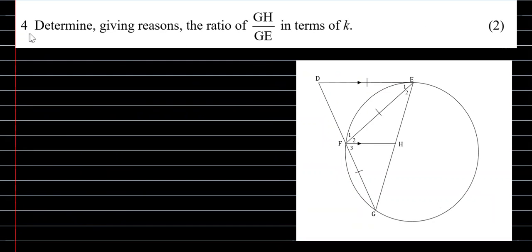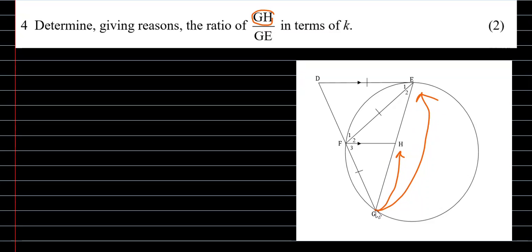So here they say determine, giving reason, the ratio of GH over GE in terms of k. Then you're going to get your 2 marks. Where is GH? GH is here. So they want GH over GE. What does this remind us of?